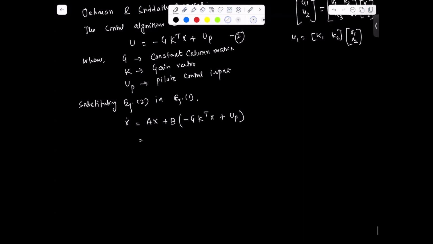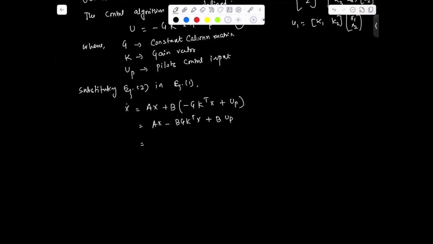Or we can write Ax minus BG K transpose x plus B up.